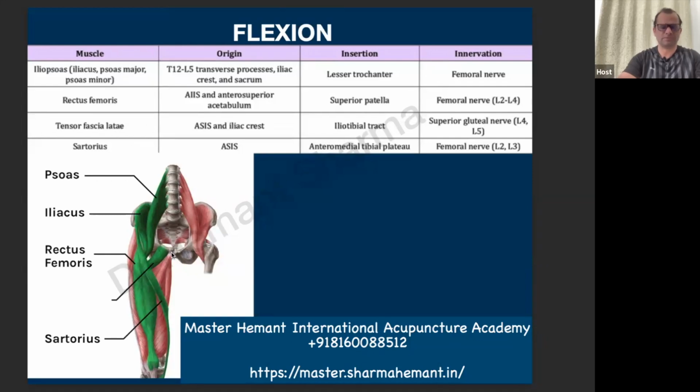We can see this in the image also. And we can see here, they are getting nerve supply from the femoral nerve. Most of them get nerve supply from the femoral nerve.